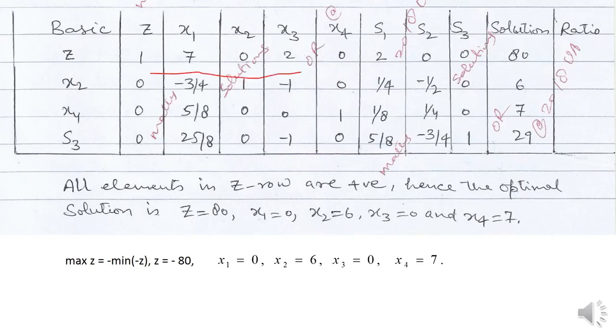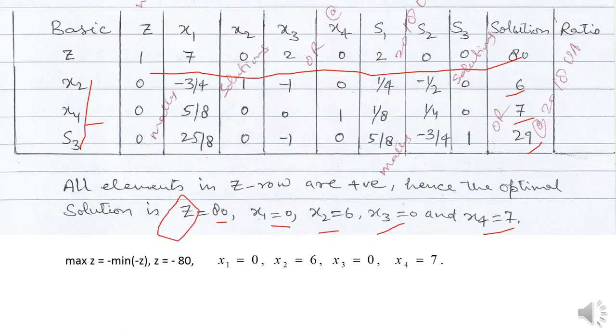Here no element is negative, therefore we got the Z value as 80, and x1 is 0 because x1 is not existing in basic solution, x2 is 6 which is here, x4 is 7, x3 is not existing in the basic, so x3 is 0. So this is the maximize of Z.